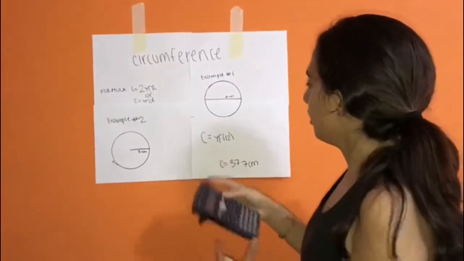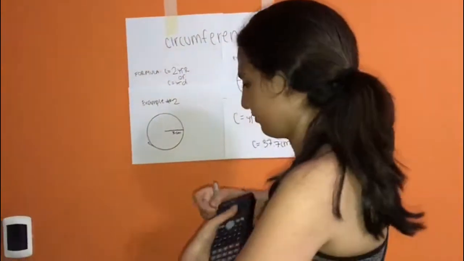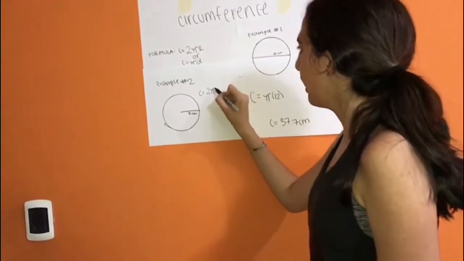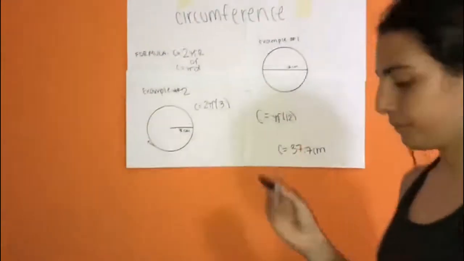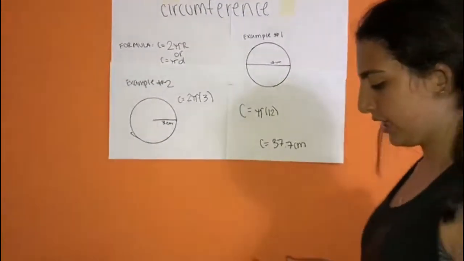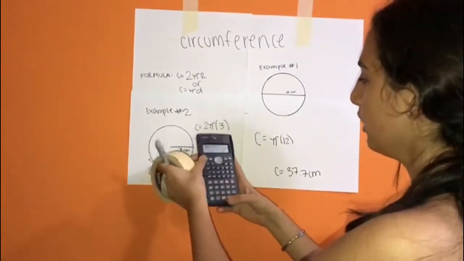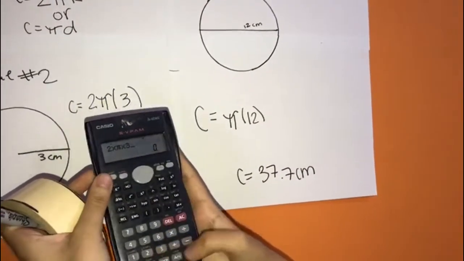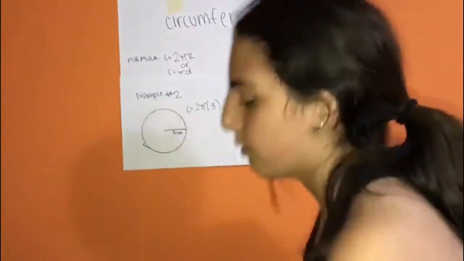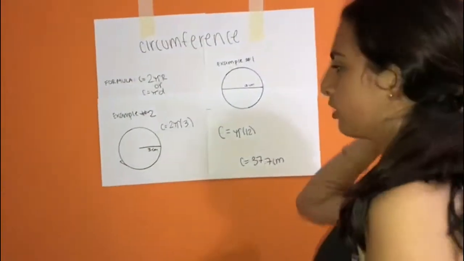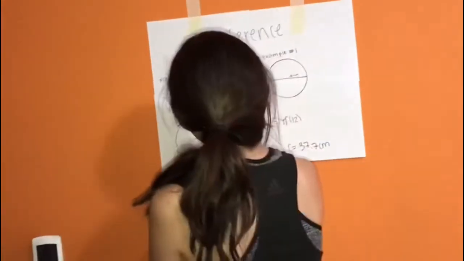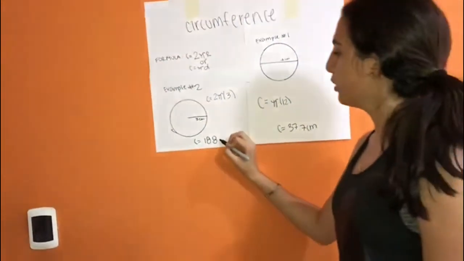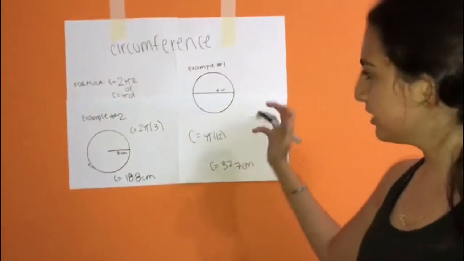So C equals 2 times pi times the radius, which is 3. Then you plug those numbers in the calculator, 2 times pi times 3. You get 18.84, but because of the rounding, it's 18.8. So you always remember to put the unit of measurement, which is centimeters, and that's it.